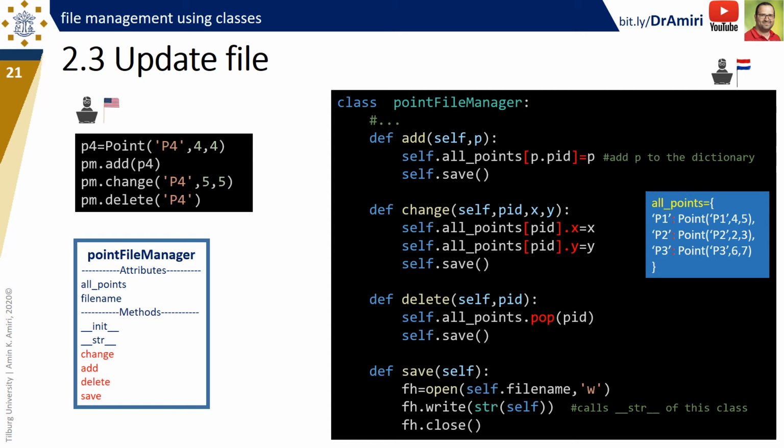So you need to add a method called add here with two arguments, naturally self and then p, an instance of the class point, and then you will add that point to the dictionary of all_points. Of course, you have to provide the key, which is the PID, and the value is the point itself.